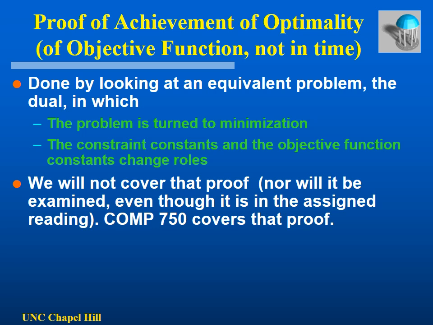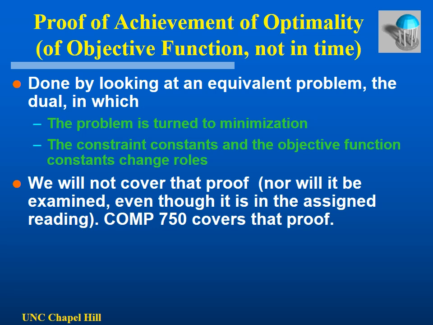The proof involves modifying the linear programming problem that we started with into an equivalent problem which is called its dual, in which the maximization that we had for the main problem is now a minimization.